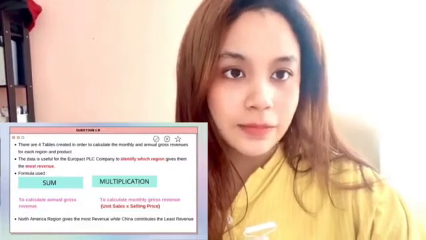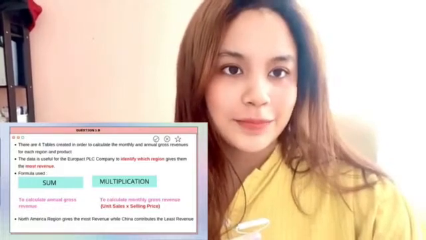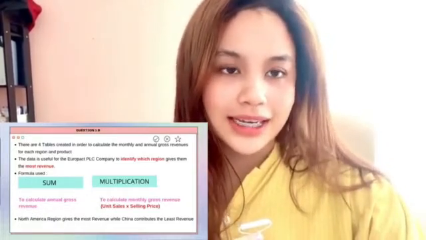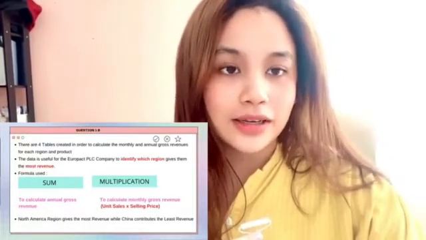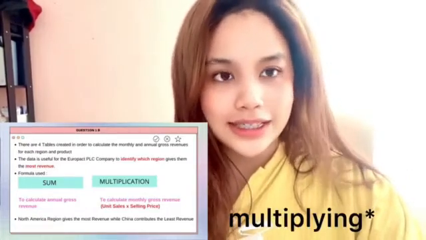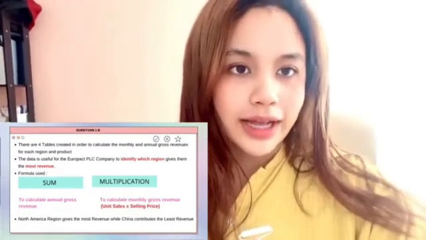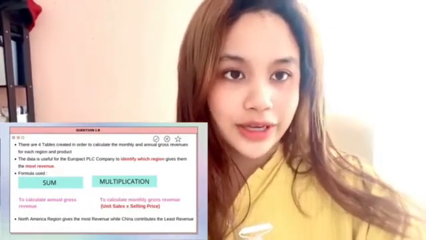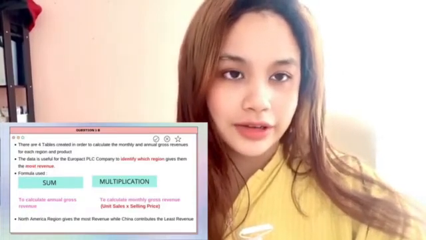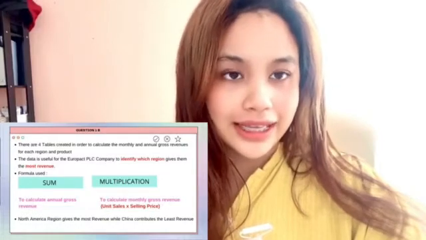First is the sum formula and second is the multiplication formula. The multiplication formula is used to calculate the monthly gross revenue, by multiplying the unit sales and the selling price, while the sum formula is used to calculate the annual gross revenue by adding all of the monthly revenues in that year.